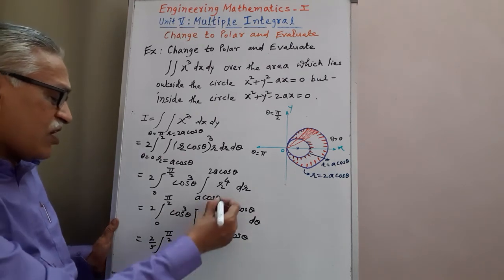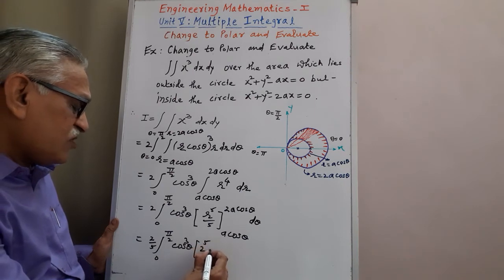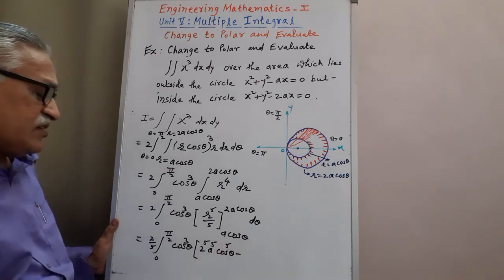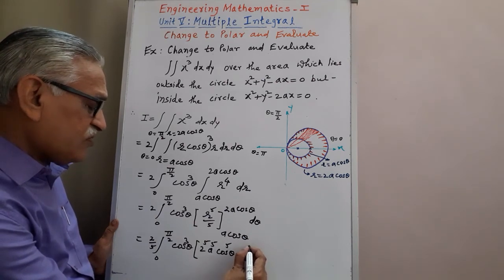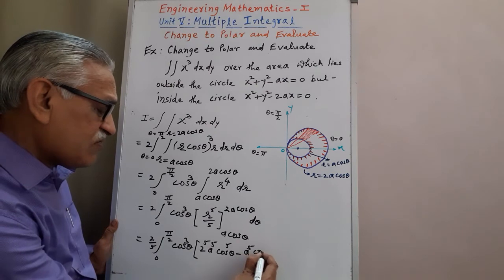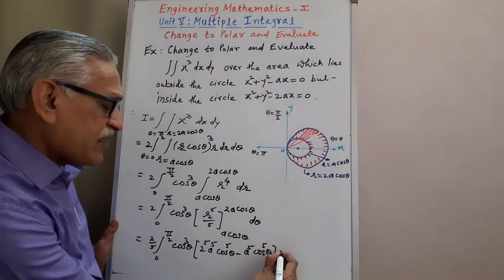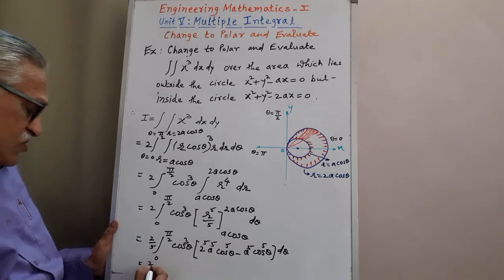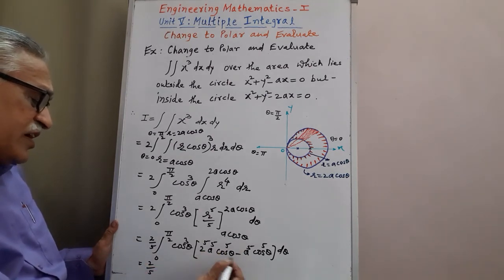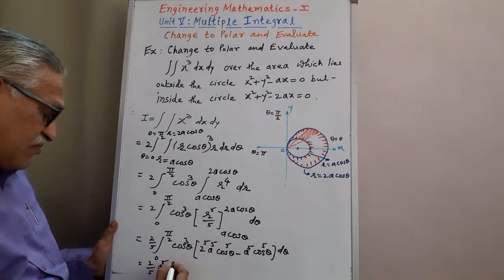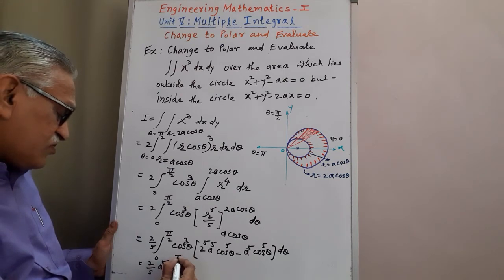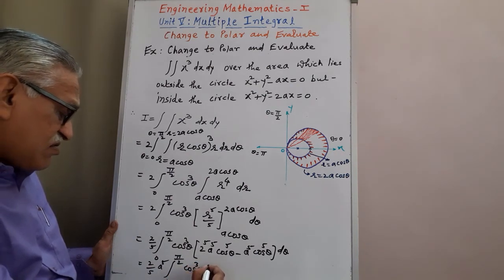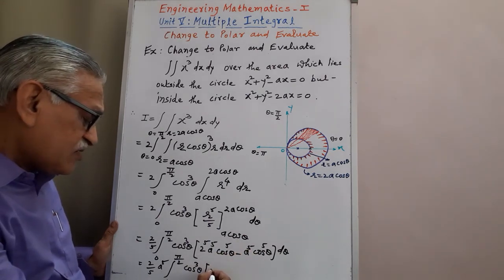Substituting the upper and lower limit, for the upper limit it is 2 raised to 5 a raised to 5 cos theta raised to 5, minus the lower limit a raised to 5 cos theta raised to 5, and then its integration with respect to theta. 2 by 5, a raised to 5 we can take common, integral from 0 to pi by 2 cos cube theta, from these two terms I can take common.